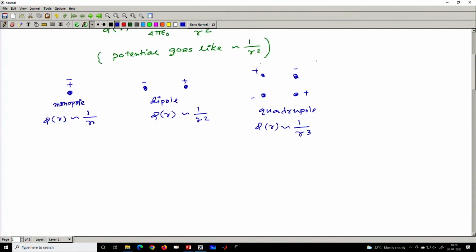Also we can have a structure with charged particles sitting at 1, 2, 3, 4, 5, 6, 7, and another charge sitting at 8.